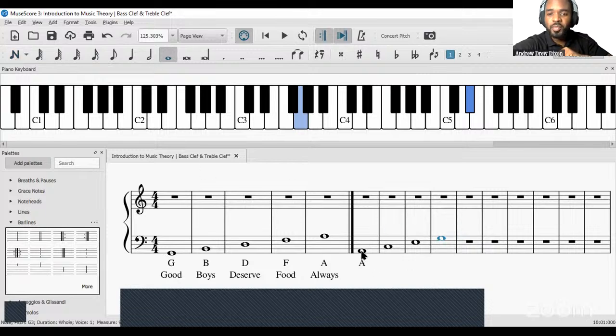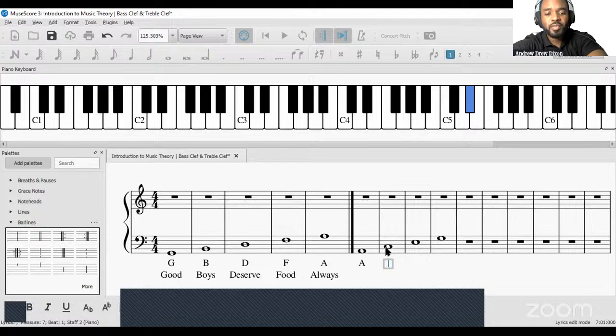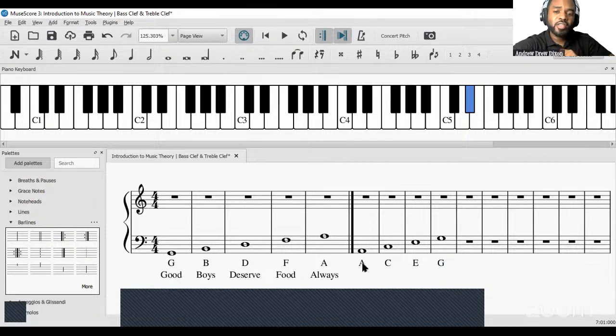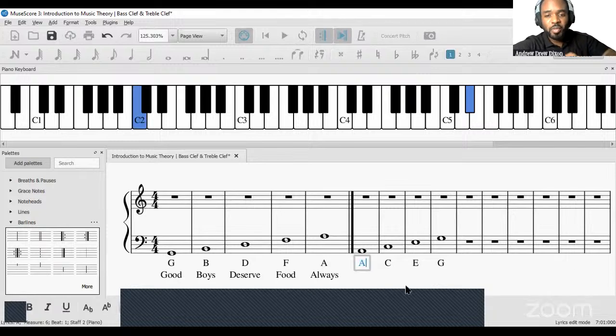Let's write them. So we've already written the A. Now let's write the name of the note in the second space. You remember what we said that was? C. And the third space is E. And the fourth space is G. Now again, they taught us an acronym to help remember these.